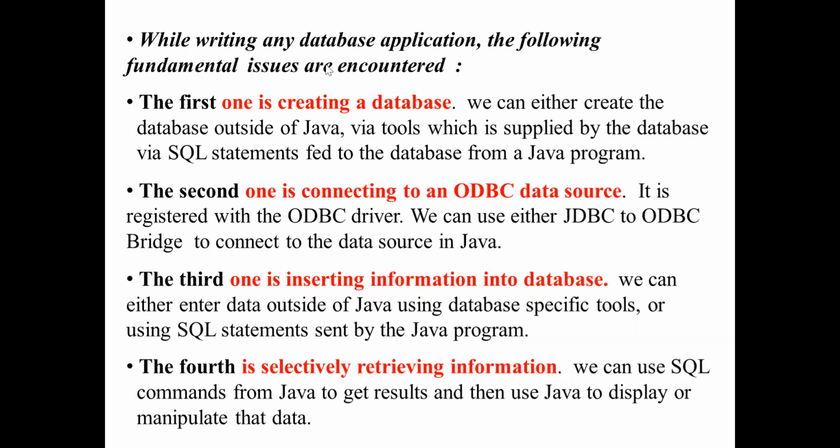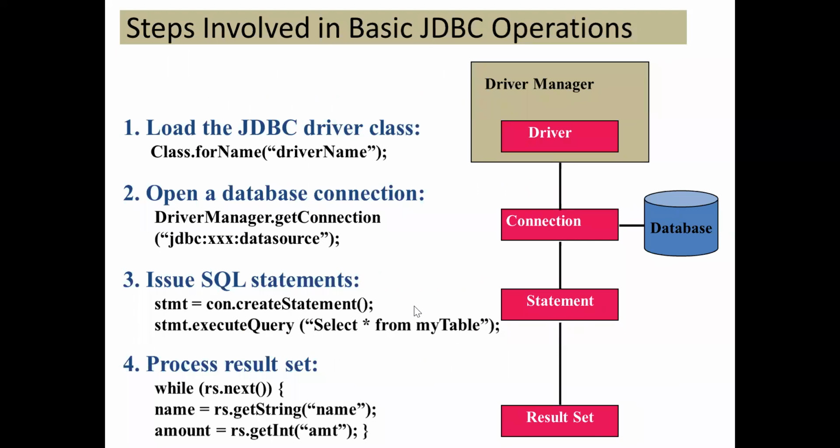Okay, next we move to the basic operations involved from the front end to the database, nothing but the steps involved in the basic JDBC operations. So this is a diagram.